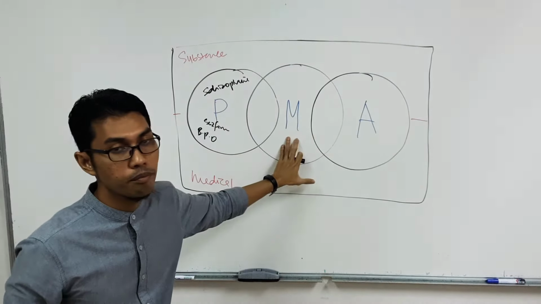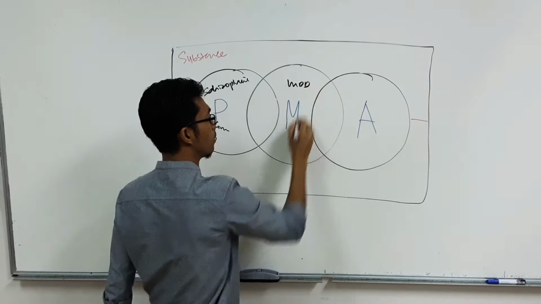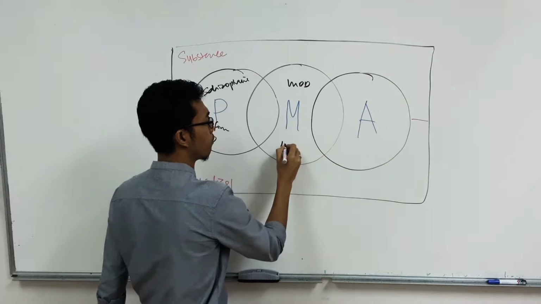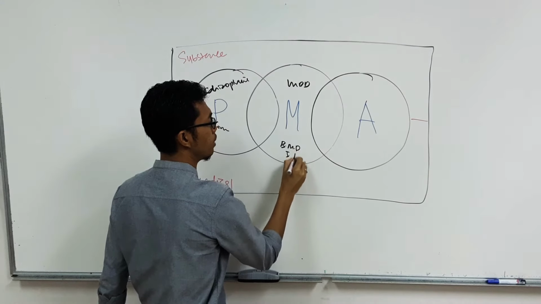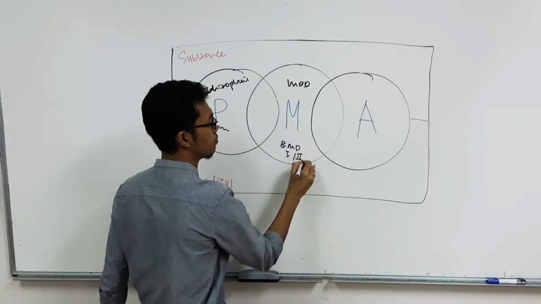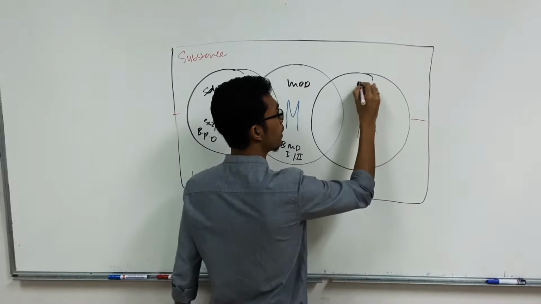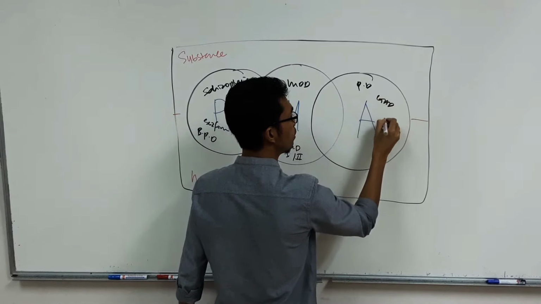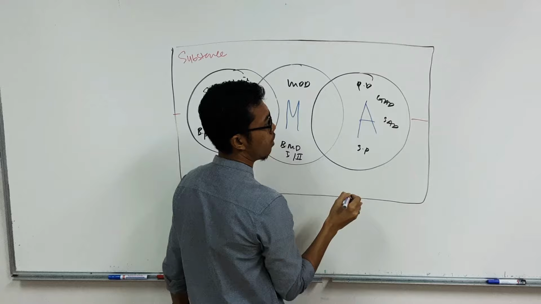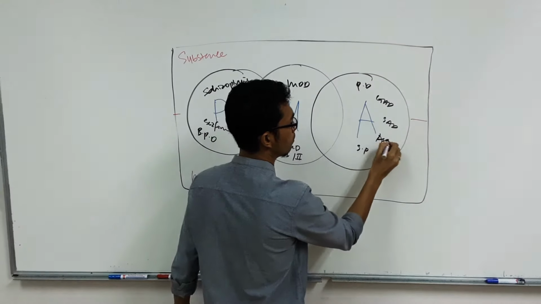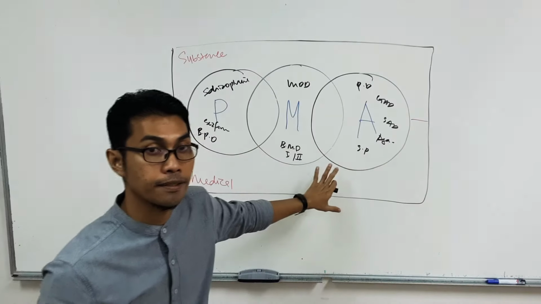For mood, you have MDD, for example, and bipolar mood disorder, type 1 and type 2. For anxiety, of course, you have panic disorder, GAD, social anxiety disorder, specific phobia, and agoraphobia. So that's under anxiety.